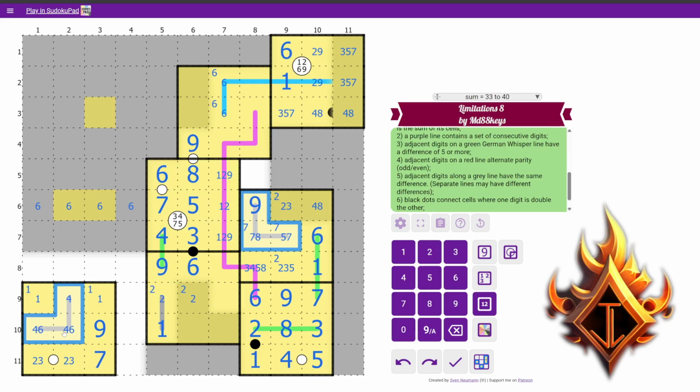So just 2 and 3. But either one of them can go there. Oh, good grief. Oh, man.